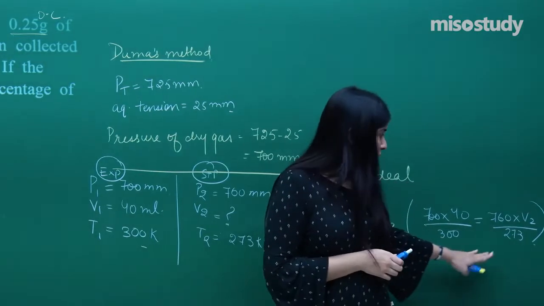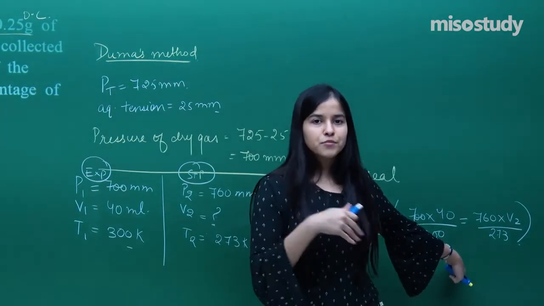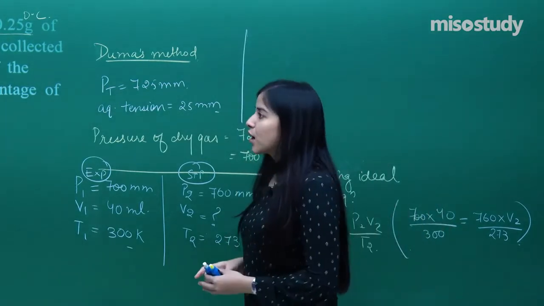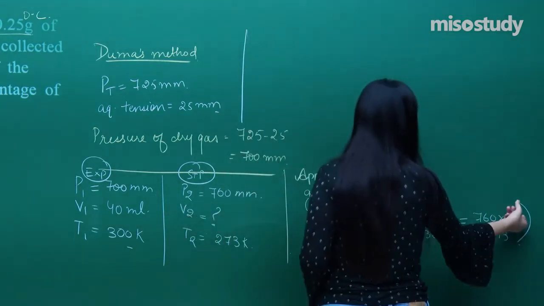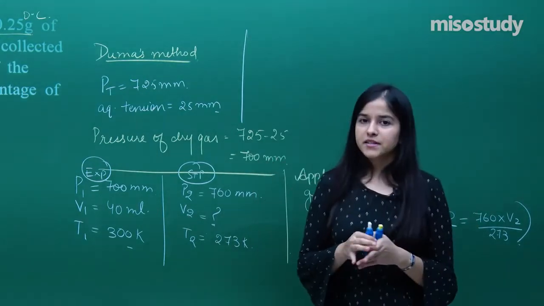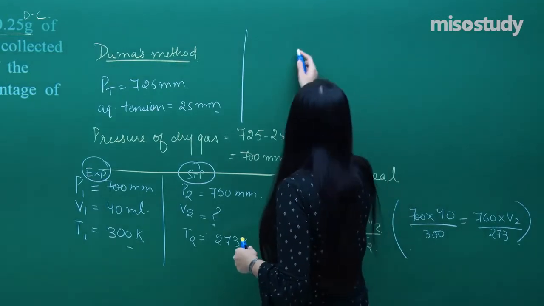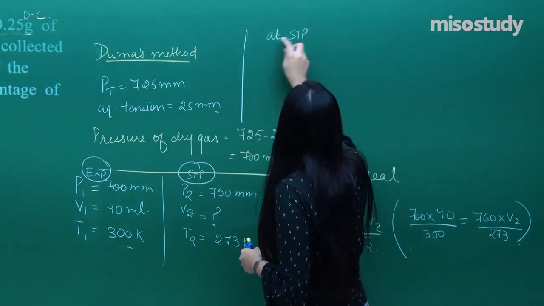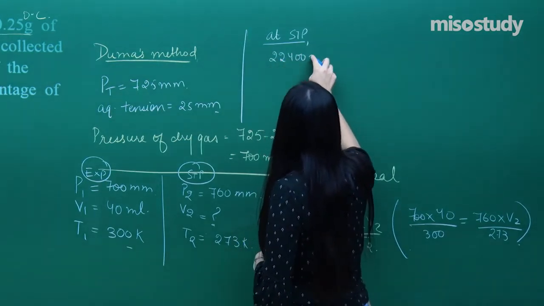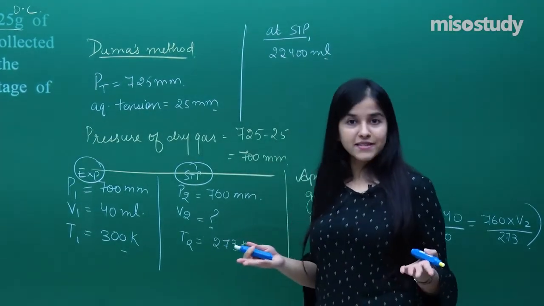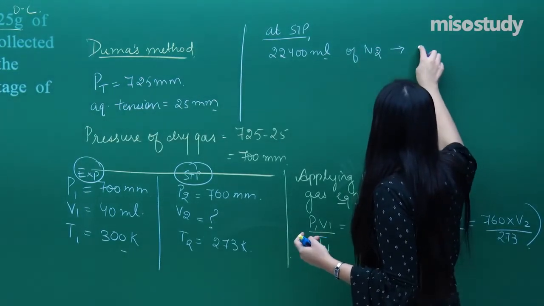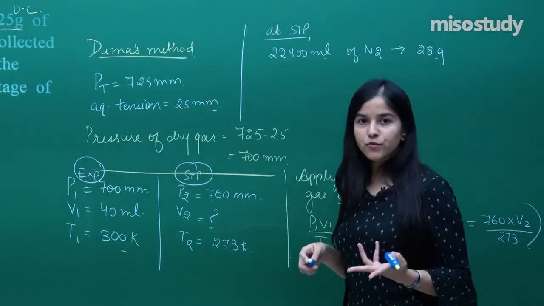So you need not go into the details of this calculation because we will further be needing these calculations in my next step. What is the next step? Now we want to correlate this V2, which has been found, in the unitary method. At STP, 22,400 ml is the volume of a gas. So this much ml of N2 will be corresponding to how much weight? That is 28 grams. We all know that is for 1 mole.